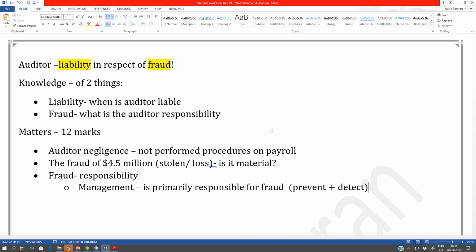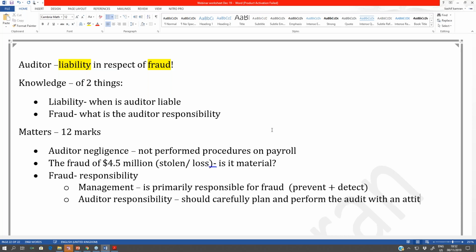No. Second, auditor responsibility. Is the auditor responsible for fraud? And the standard says the auditor should carefully plan and perform the audit with an attitude of professional skepticism, irrespective of whether the auditor can detect a fraud or not.